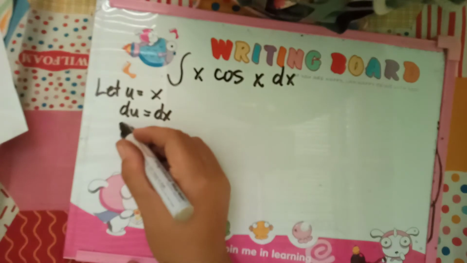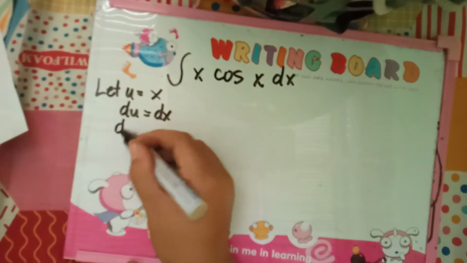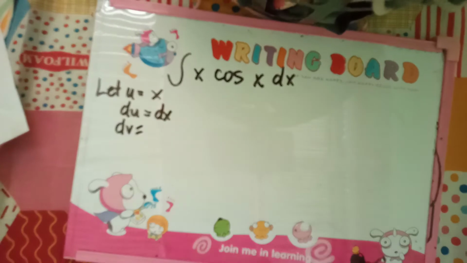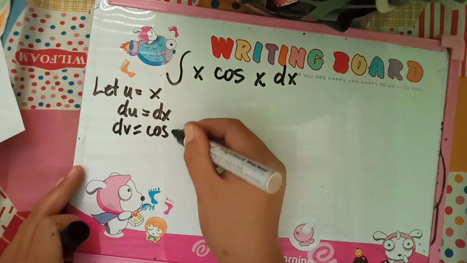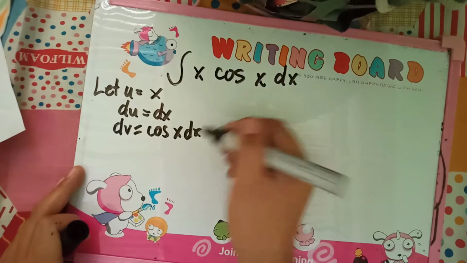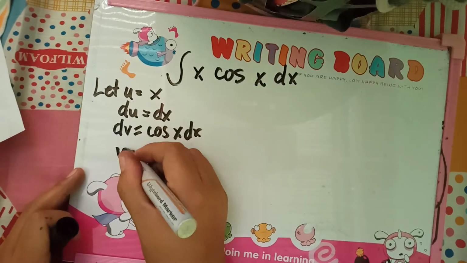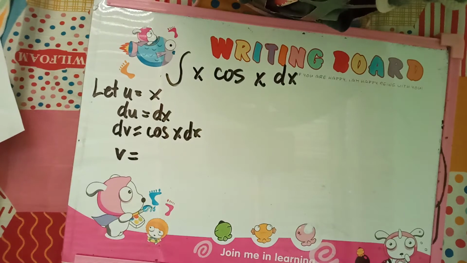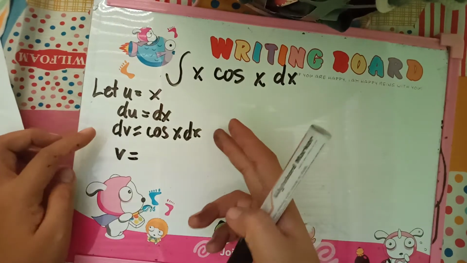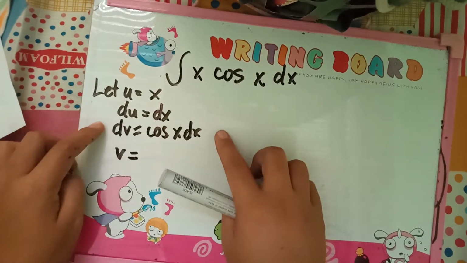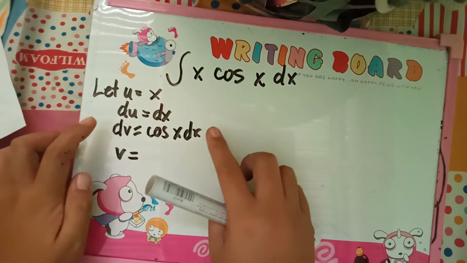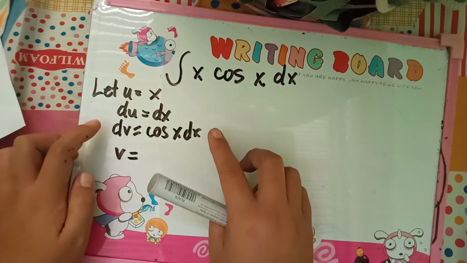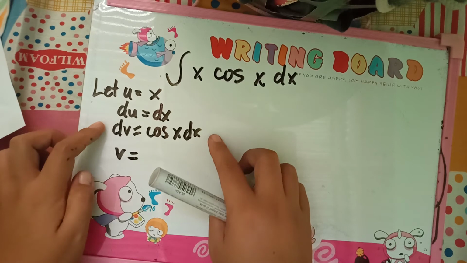Then our dv will be cosine x dx. And for v, we integrate this. Ito, derivative siya. Integrate natin. What is the integral of cosine x dx?